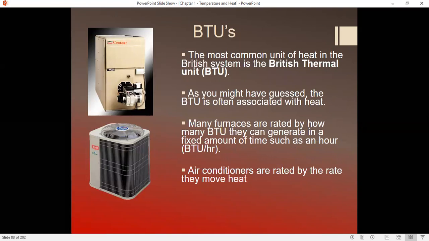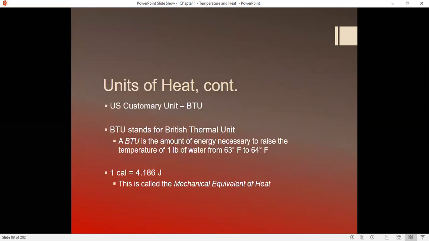BTUs are another common energy unit. It stands for British Thermal Units. Many furnaces are rated in BTUs per hour. Air conditioners are rated in BTUs per hour. Okay, we don't really use that here though. A BTU is basically sort of the used customary unit, like the calorie.